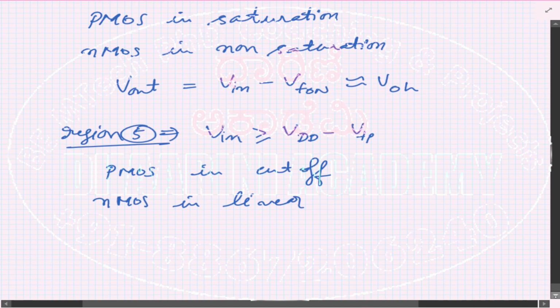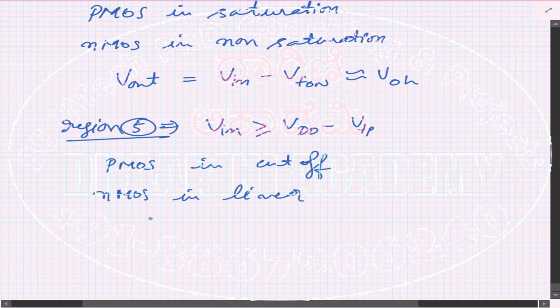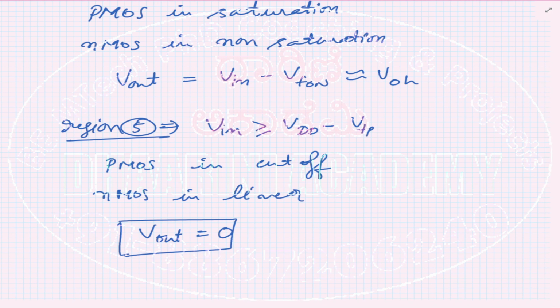NMOS will pass the voltage connected to the source to the drain. So what is Vout? The output voltage is equal to 0. Input is high, output is low. Therefore, the circuit is working like an inverter.